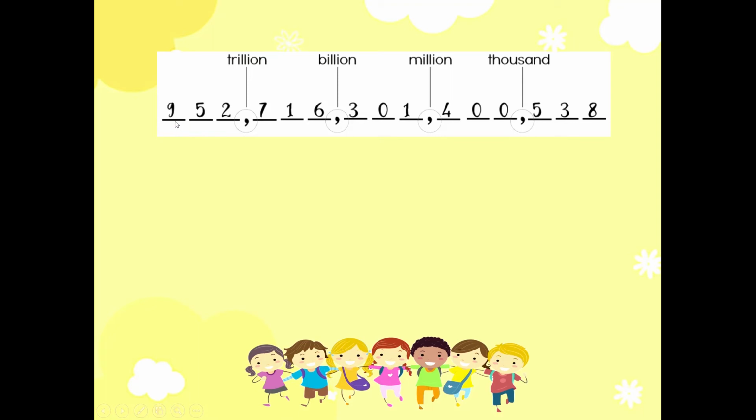You can say 952 trillion. When you see the comma, you have to say the name of the group. 952 trillion, 716 billion, 301 million, 400,538.